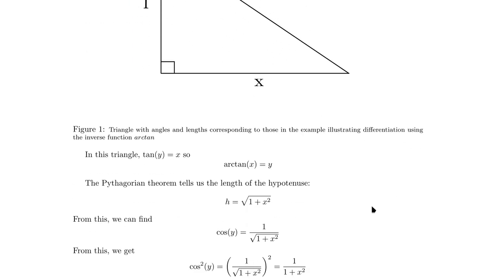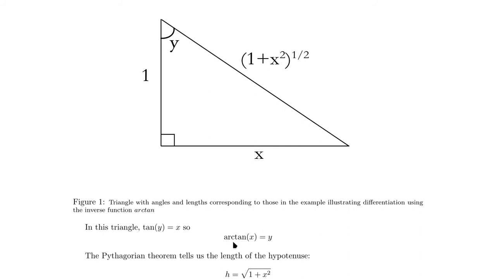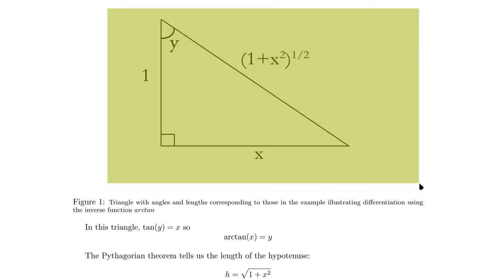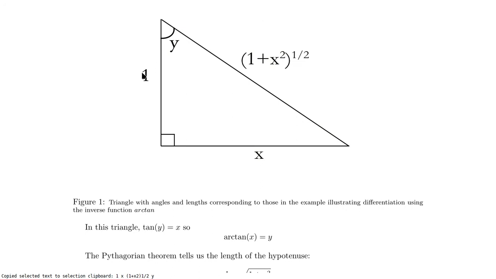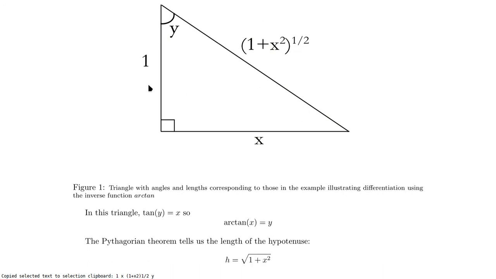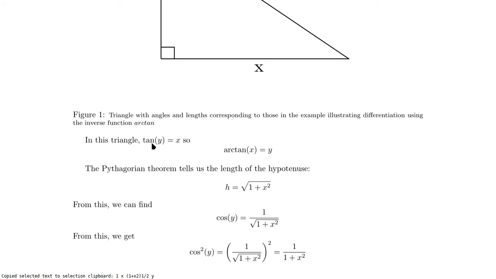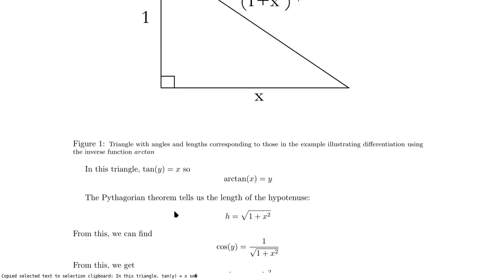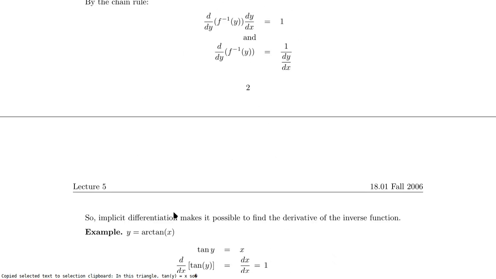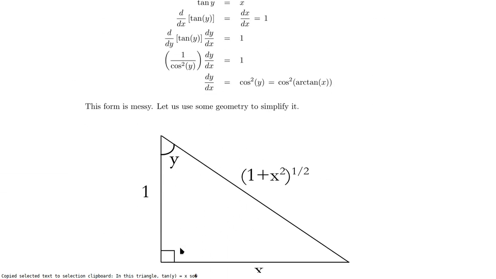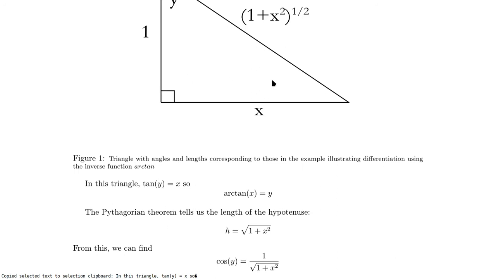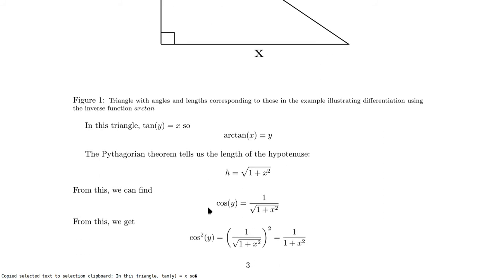The goal is, this helps you because once you have this as 1, a lot of things cancel, a lot of things simplify, right? So tan of y is equal to x, right? So y is again just perpendicular over base. So it's going to be x over 1, it's going to be x. Yeah. So arctangent of x is going to be y. That's the definition of arctangent, right?